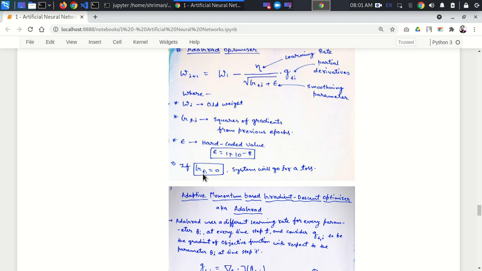But if G_ti is equal to 0, there will be a very huge issue for you, and you will not be able to converge to any point, and that will be a very big issue.